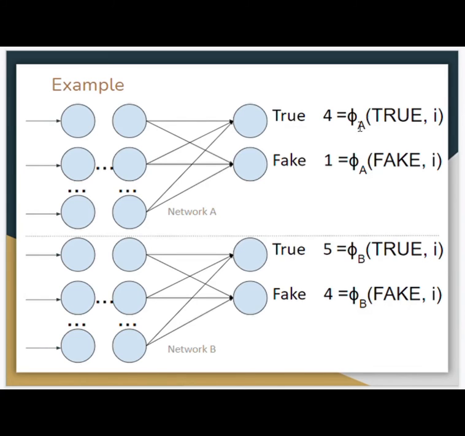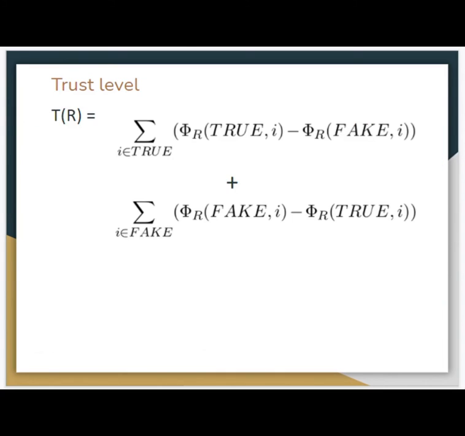But the first one can be considered better because of the difference between the true level and the fake level. The second one also returns true, but is very close to choosing fake instead.